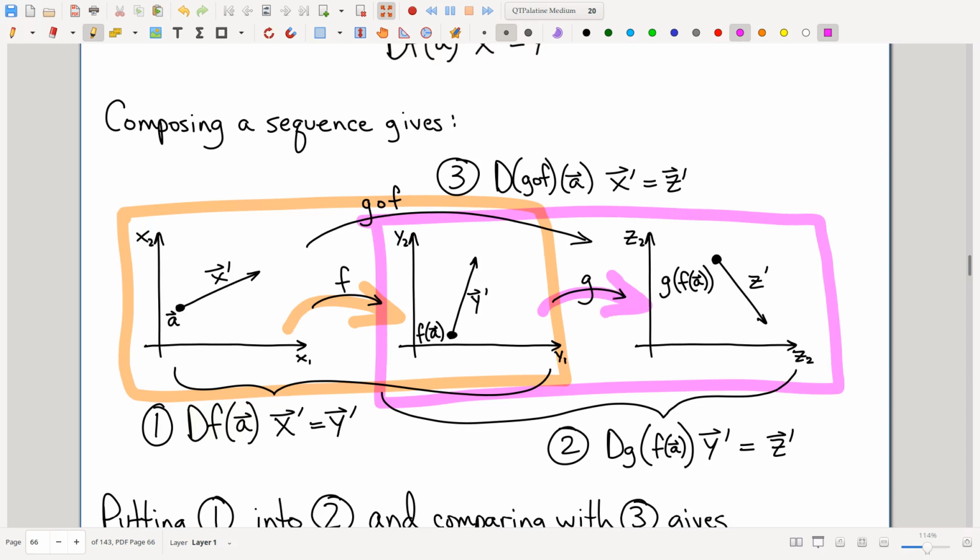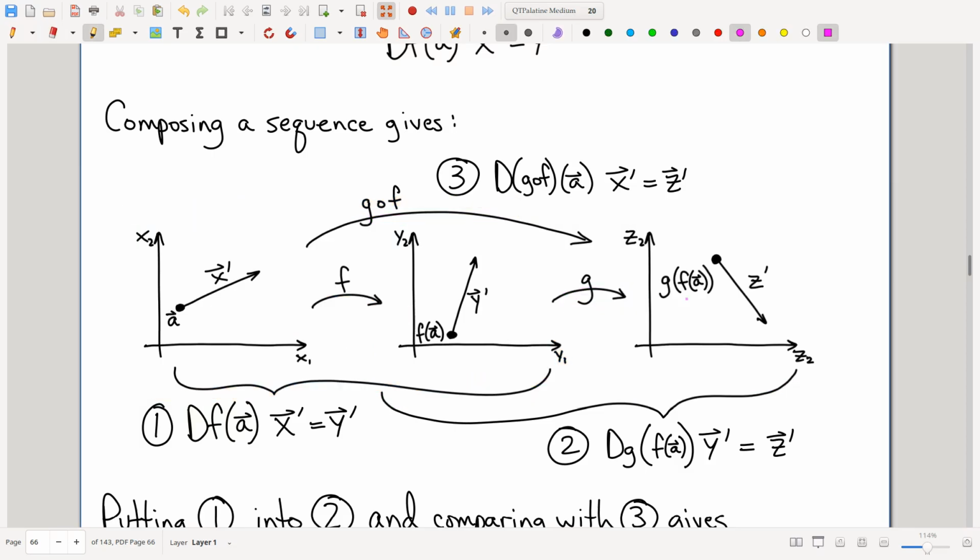All right, well, when you do that, you can talk about these three different velocities. The velocity of x is going to cause y to have a velocity, which is going to cause z to have a velocity. And again, we're interested in the relationships between all three of these vectors.